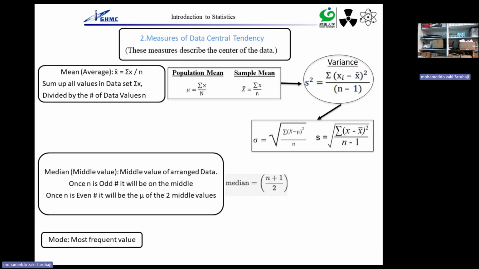Perfect. Now, this is 1, 2, 3, 4, 5, an odd number of values. What happens if we have an even number? What happens if I have 1, 2, 2, 3, 4, 5?